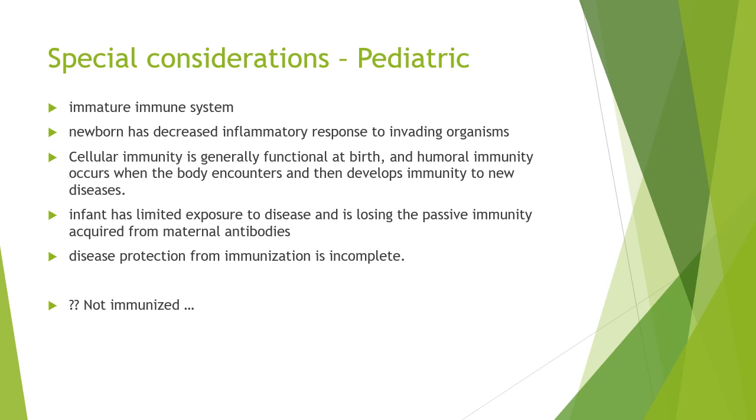And in addition, the infant is slowly losing its passive immunity as time goes on. And then with older kids, potentially disease protection is not complete because they've not received their full vaccine series. And then, of course, you all know, especially in our current climate, that a lot of people are just not immunized.